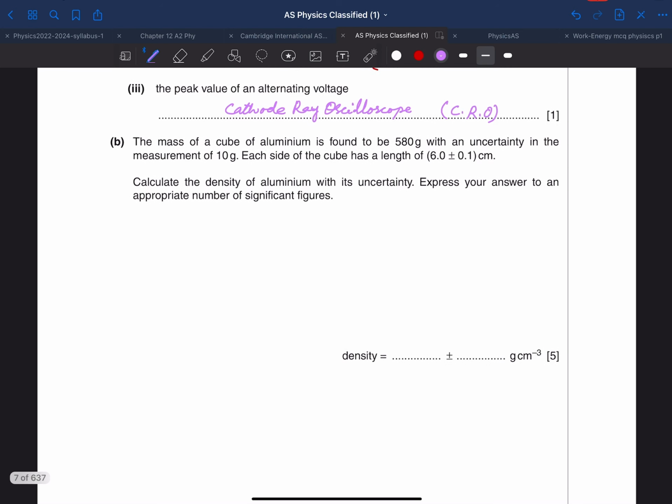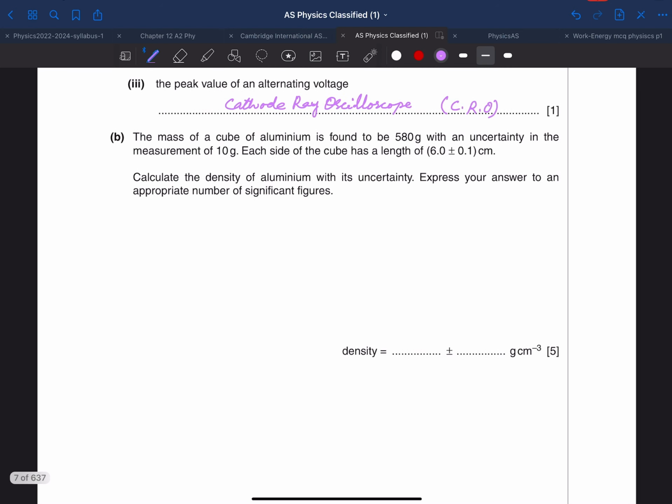Here actually the question we have to focus on is about the uncertainty. The mass of a cube of aluminium is found to be 580 gram with an uncertainty in the measurement of 10. So absolute uncertainty is 10 gram.